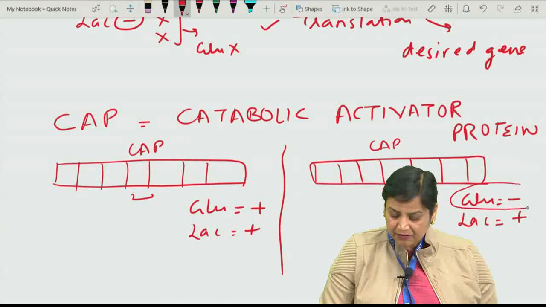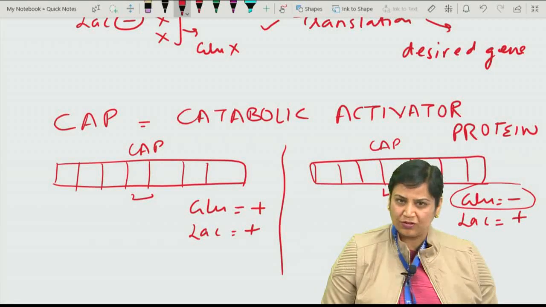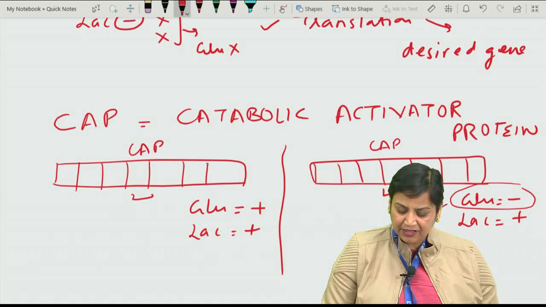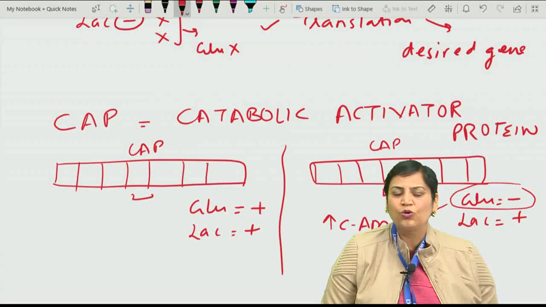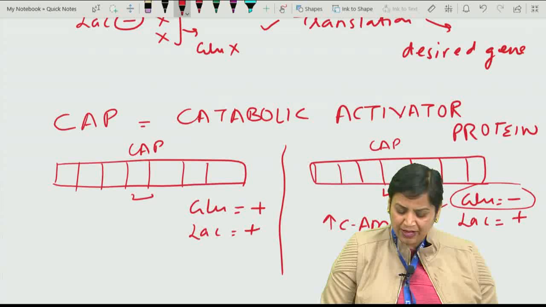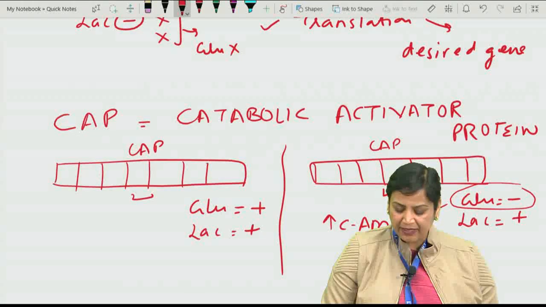When there is deficiency of glucose, it triggers the release of cyclic AMP, which is the second messenger, whose function is to activate the protein kinase enzyme.